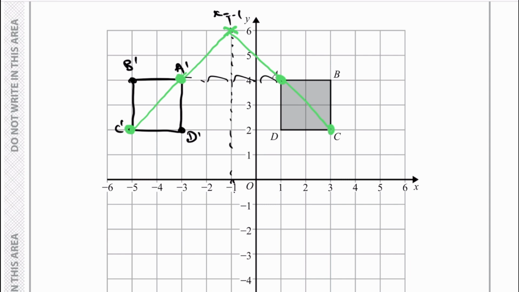So what we've done is rotate 90 degrees around the point -1, 6, and that would give us the answer to that particular question.